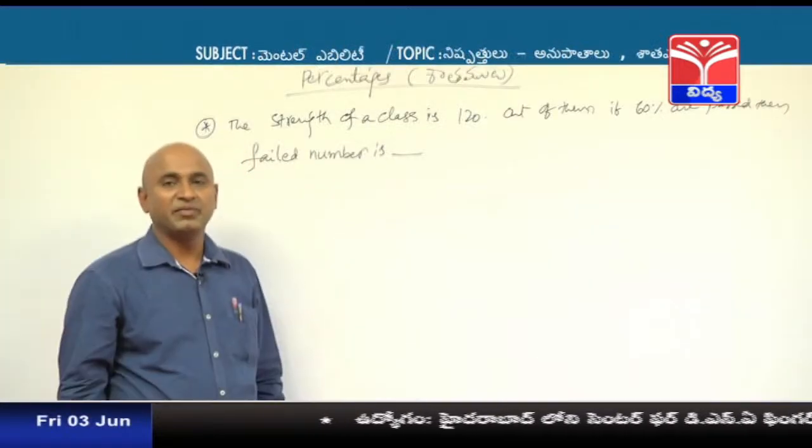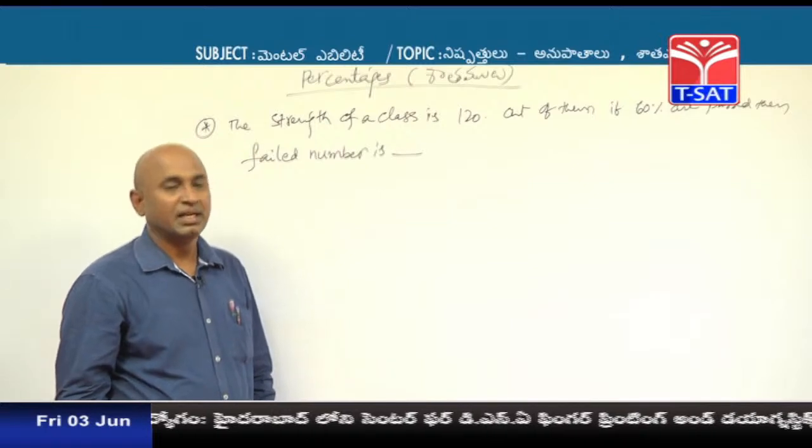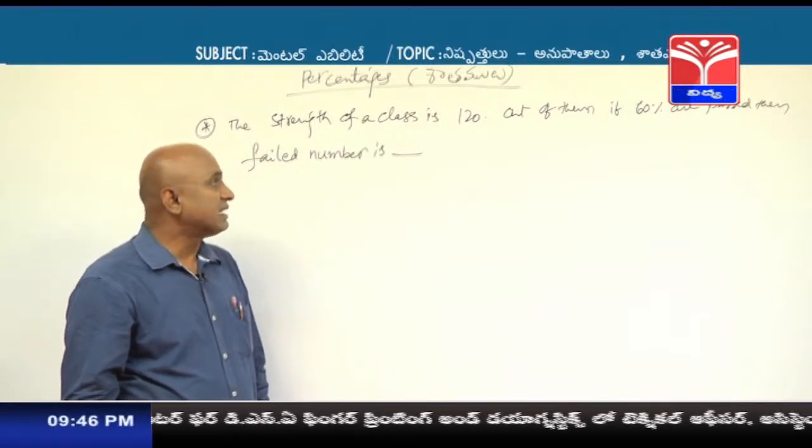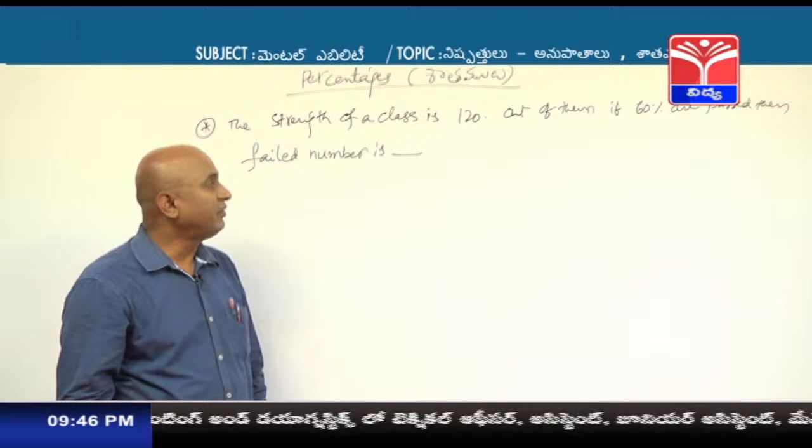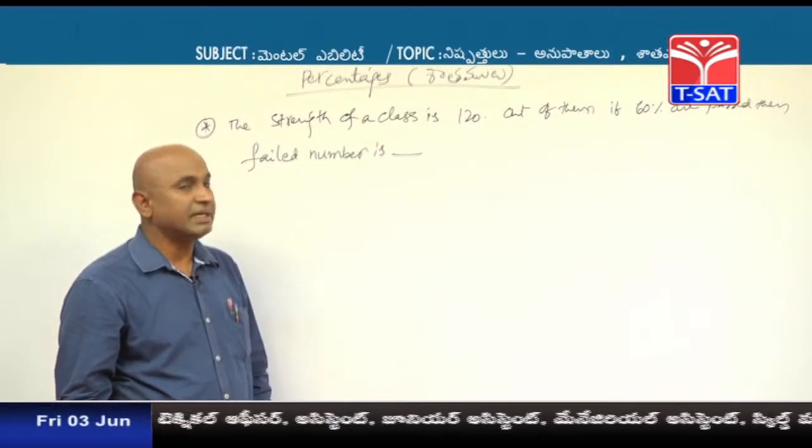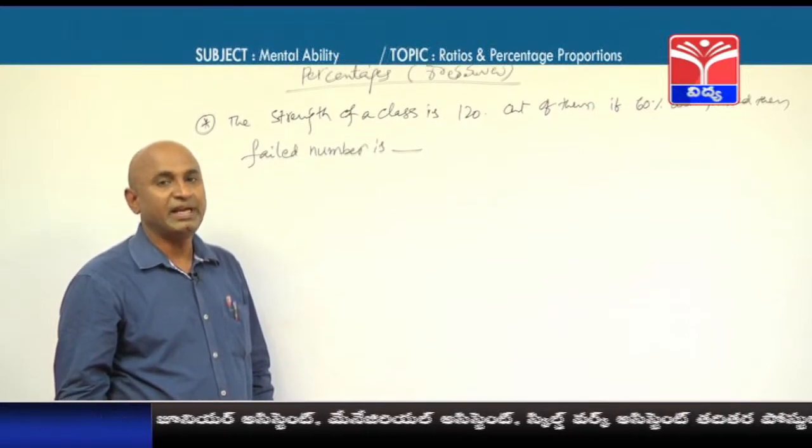Now we will see the problem with respect to the percentages. The strength of a class is 120. Out of them, if 60% are passed, then the failed number is.